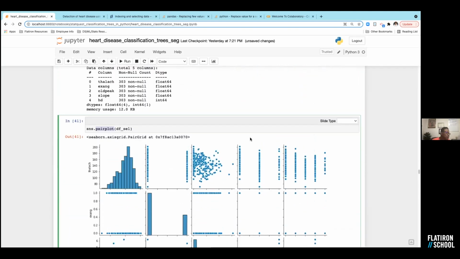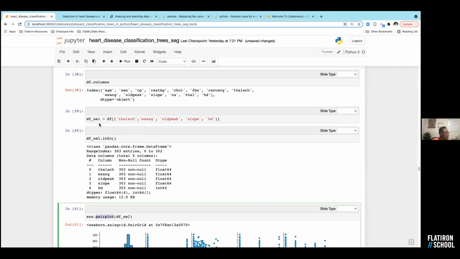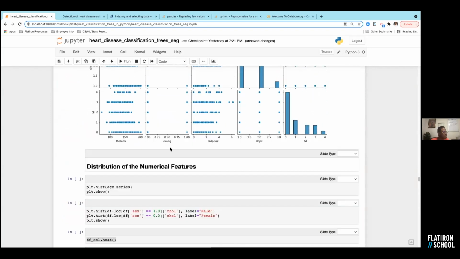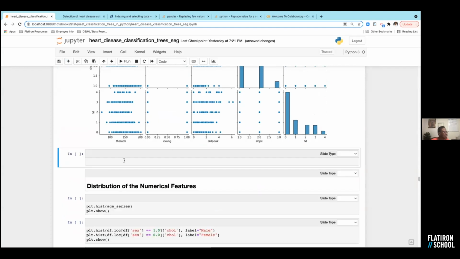So I selected from the data frame that I did not make the changes to. Maybe we can take a look at this. I don't know if I want to do that. Maybe I can do it in another cell so I can preserve this. So I go here and add a new cell.